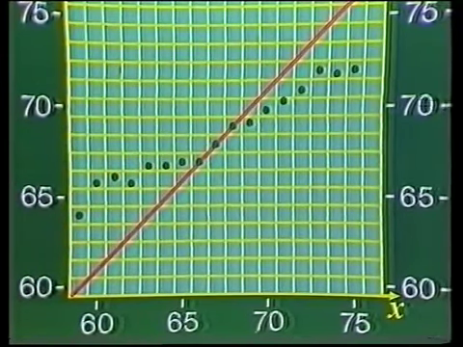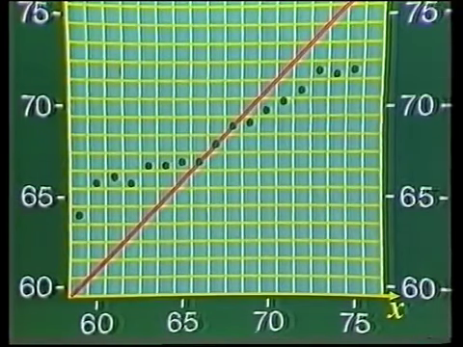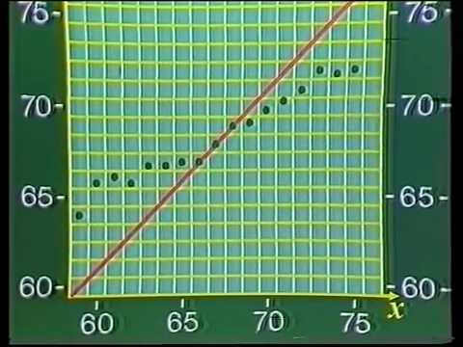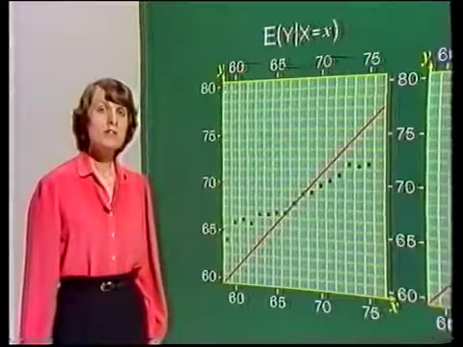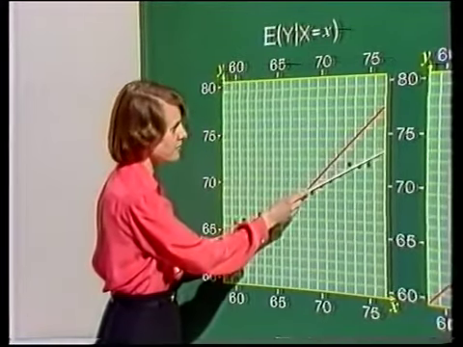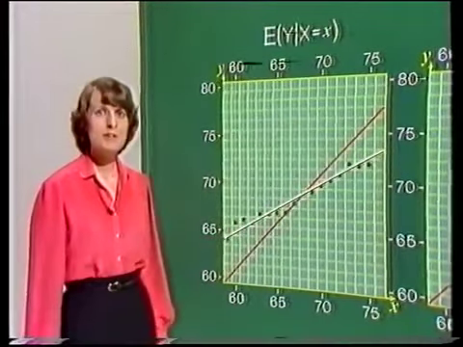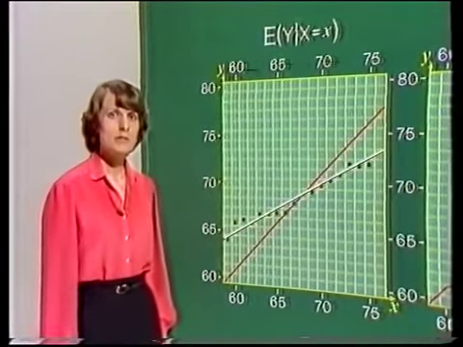Now you can see that all these averages lie approximately on a straight line, giving us further evidence that the bivariate normal distribution is in fact a reasonable model for this data. So let's put a line through these averages. And we get an estimated regression line.